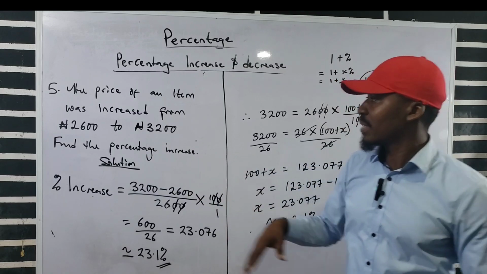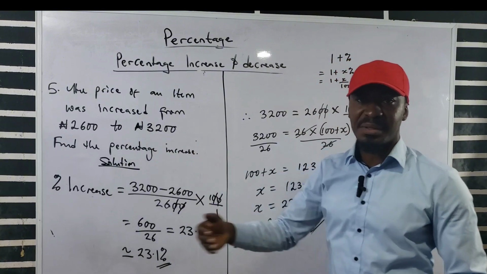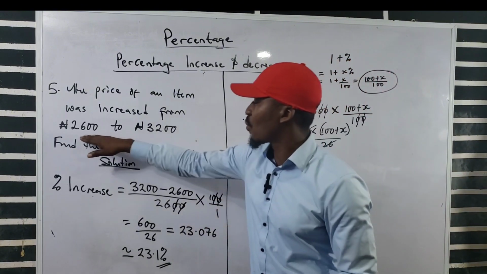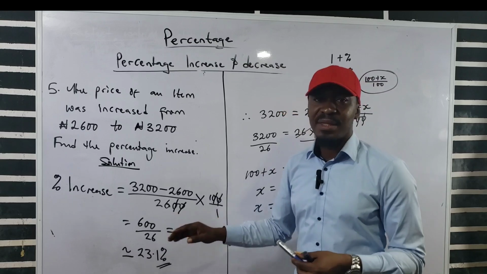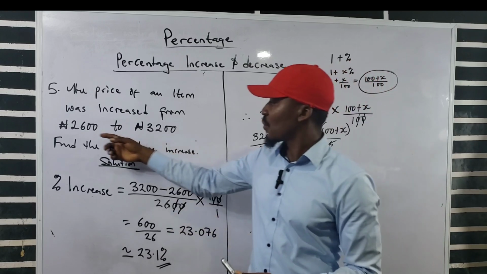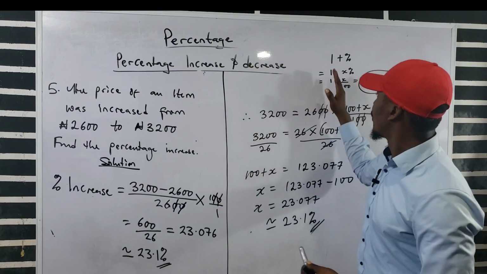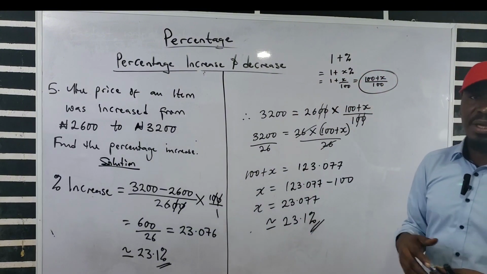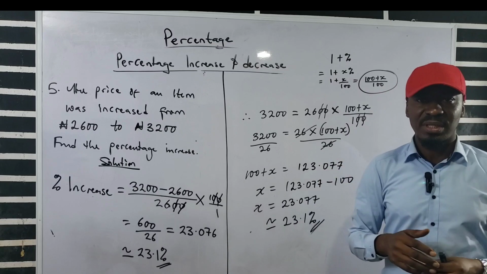What do I mean by the two quantities? The original quantity and the increased or decreased quantity. Then, whenever I'm asked to find one of these values and the percentage is given to me, I will use the increasing factor to solve. So that's my own personal view from what we have seen today.